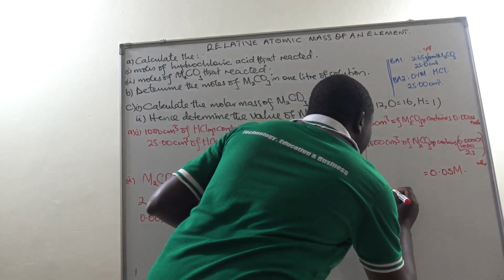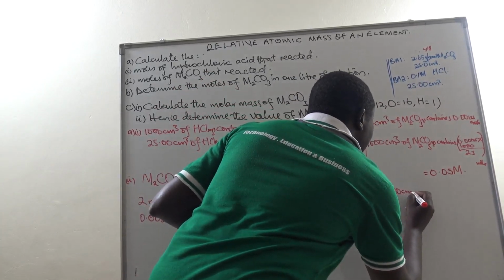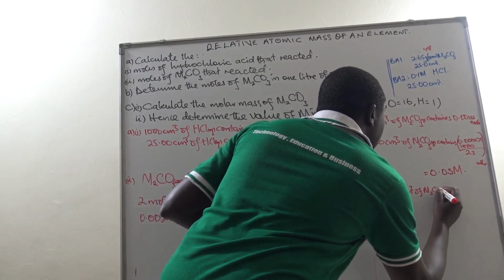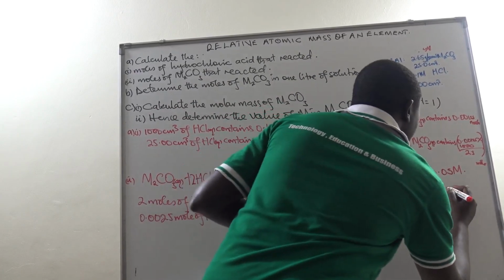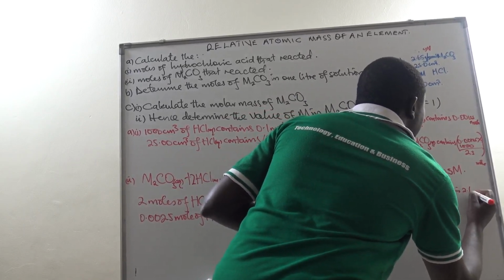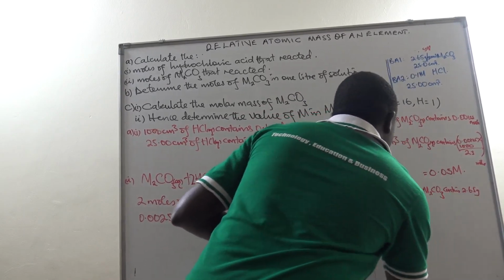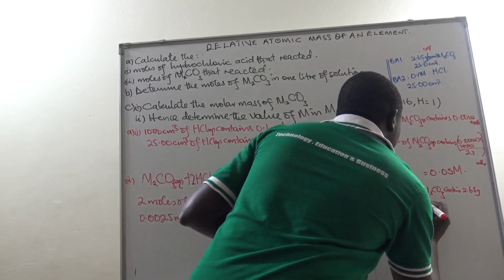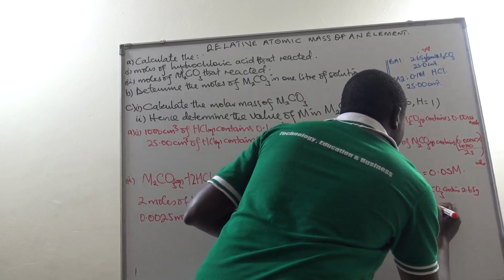And we say 500 cubic centimeters of M2 carbonate contains 2.65 grams. And then what of 1,000 cubic centimeters of M2 carbonate?